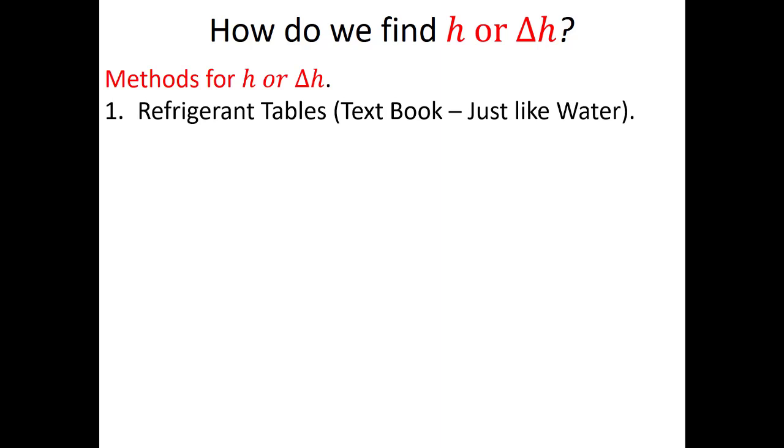So here we'll use the textbook tables, but they won't be A2 through 5 or whatever they are for water. They'll be different tables depending on what the refrigerant in our system looks like. Now remember, we're always using different refrigerants. Our friends who are chemical engineers are constantly making more environmentally friendly refrigerants, right?